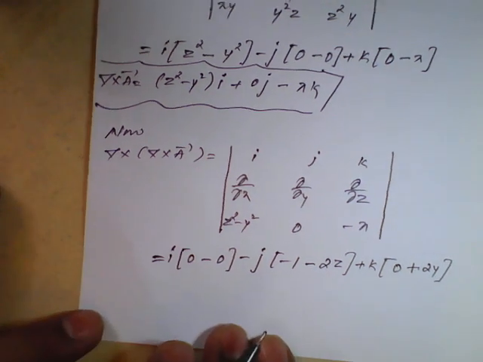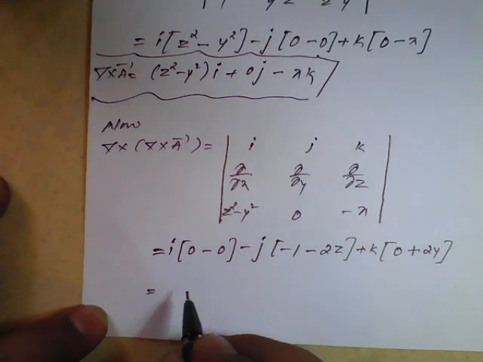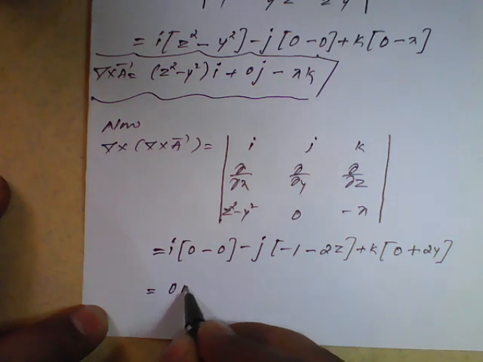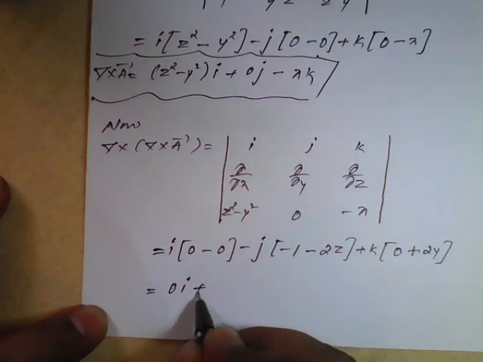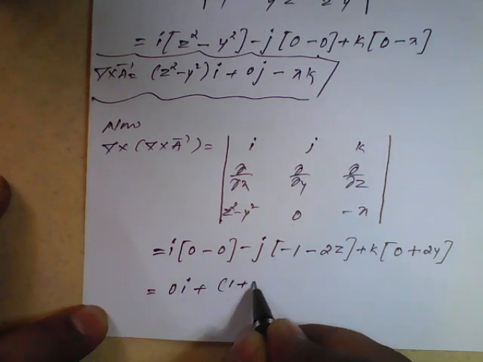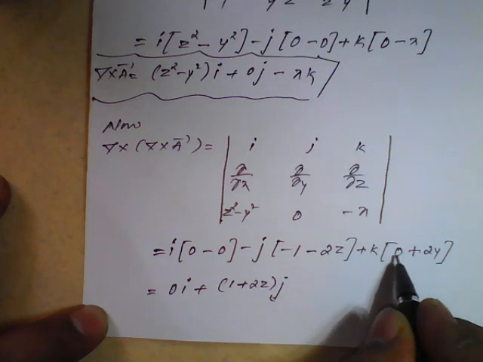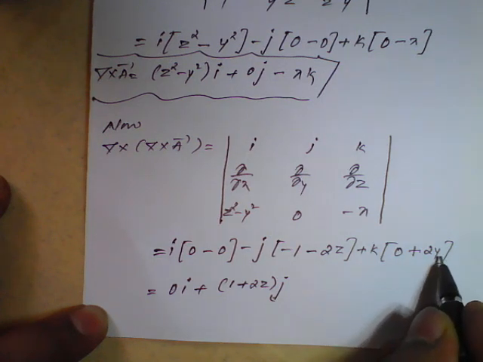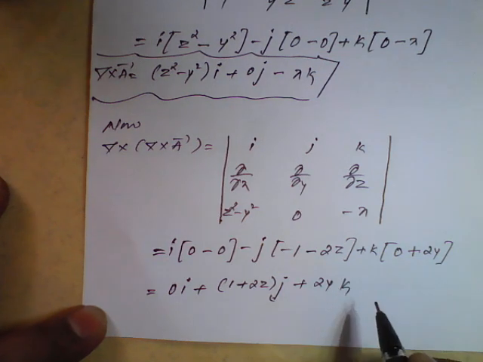So simplifying, we get 0 times i; taking the minus sign common, minus and minus become plus, so it is plus 1 plus 2z of j, then 0 plus 2y of k, that is plus 2yk.